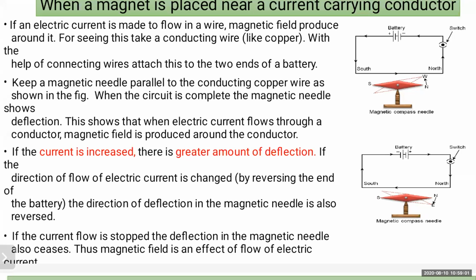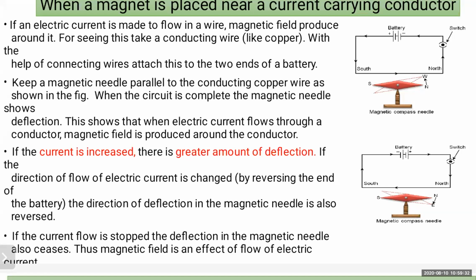Thus, the magnitude of the field produced at a given point is directly proportional to the magnitude of current. The magnetic field produced by a given current in the wire decreases as the distance from the wire increases.